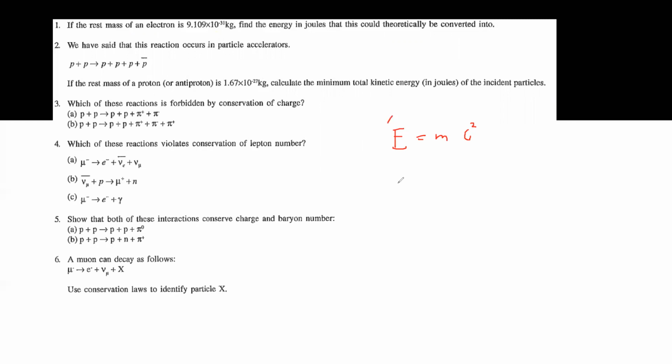E is the energy which is produced, m is the mass, so mass is equal to 9.11 exponent minus 31 kilogram multiplied by speed of light square. So speed of light is 3 exponent 8 and then square. When you multiply, you will get this energy in joules.